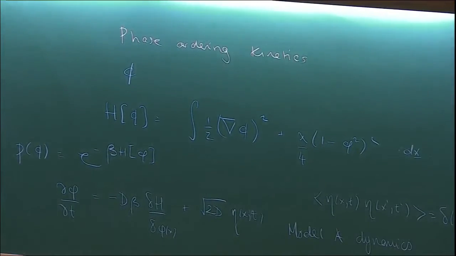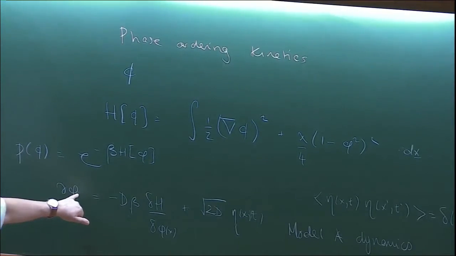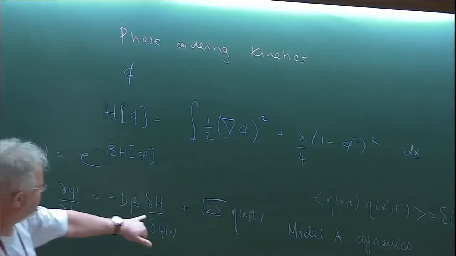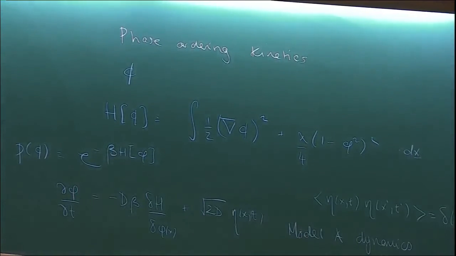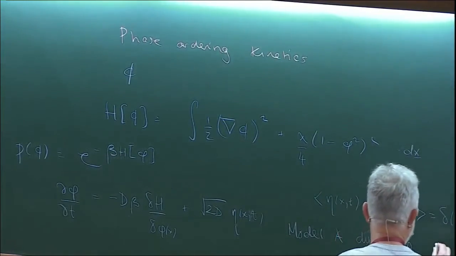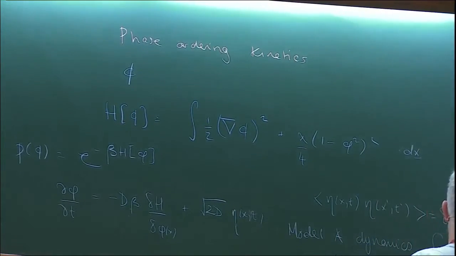The problem here is that if I integrate over all of space, this term is going to fluctuate. So this is a model more useful for something like Glauber dynamics, where you randomly flip spins. The problem with this dynamics is it doesn't conserve the order parameter, so the integral of phi dx is not conserved.